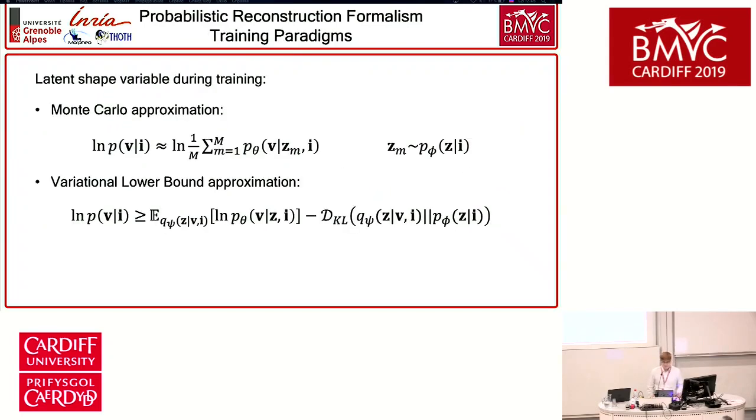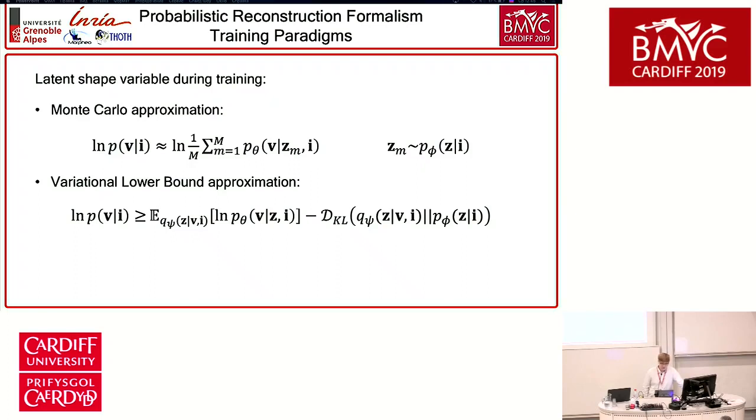Now, to train these models, we also can consider two options. The first option is to use Monte Carlo approximation of the likelihood, where we take the samples from this image-conditioned prior. Another option is to follow the variational autoencoder framework and to introduce a variational lower bound for the likelihood, which takes this form.